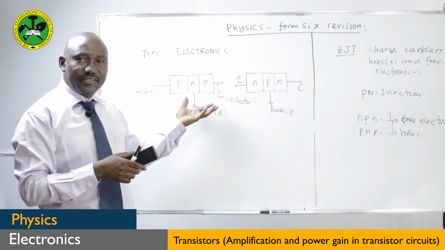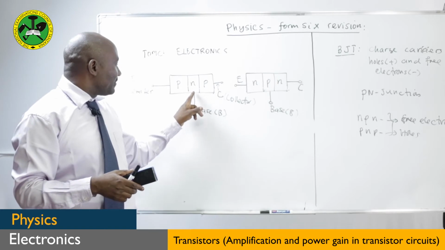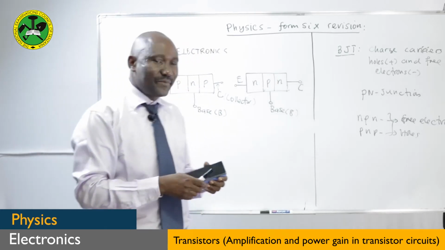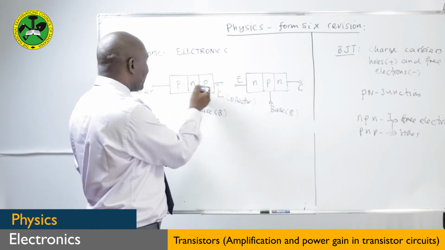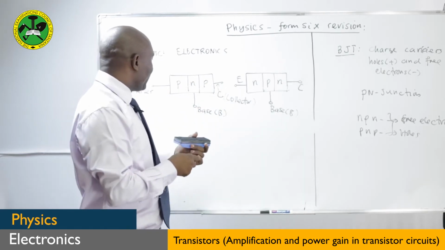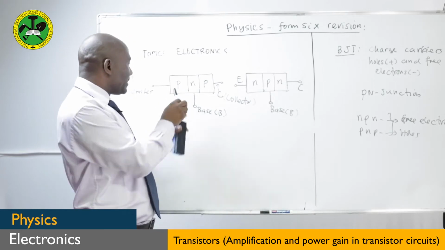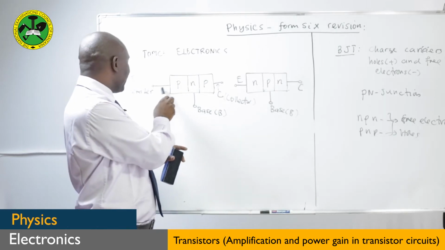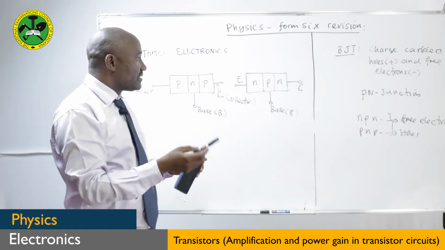And you can see from this arrangement that we did in class, the way transistors are made, the base of a transistor must be very thin compared to the other sides of the transistor. That's where the charges are emitted from this side, the emitter, and this is the area where charges are collected.